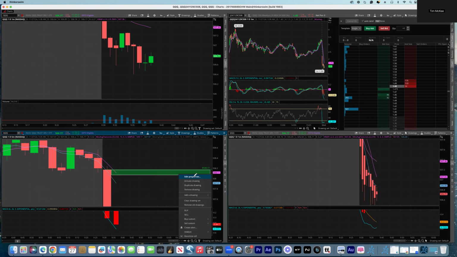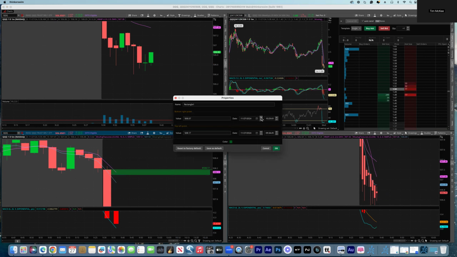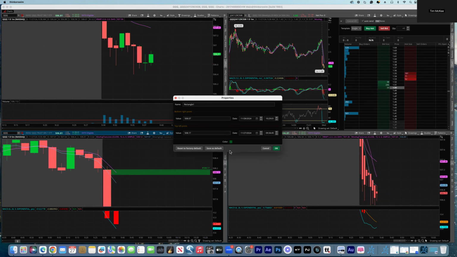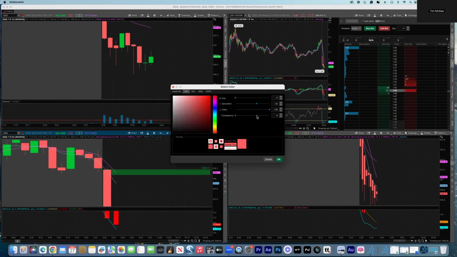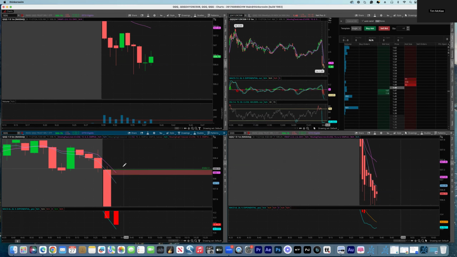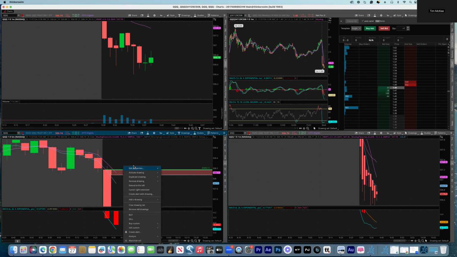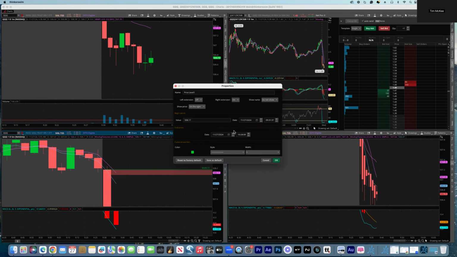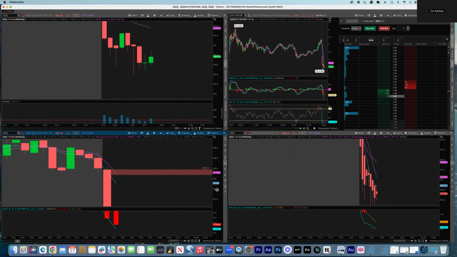Like so. We're going to turn this red while we wait for this reversal to take hold, if it's going to. And let's turn the price level to red. There we go.